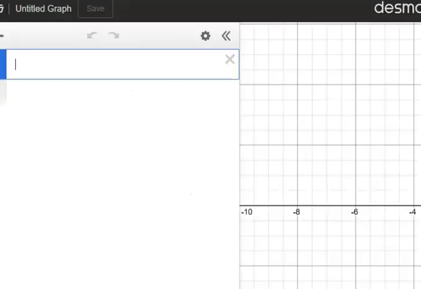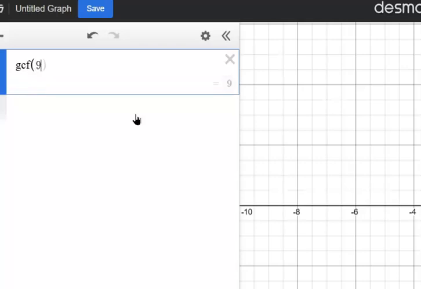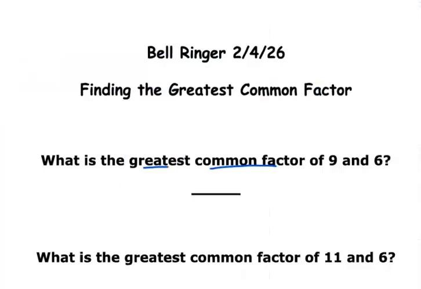So you're going to go to DESMOS, and put GCF, parentheses, 9 and 6. And the answer is 3 on this one. So we can put 3, just like that.